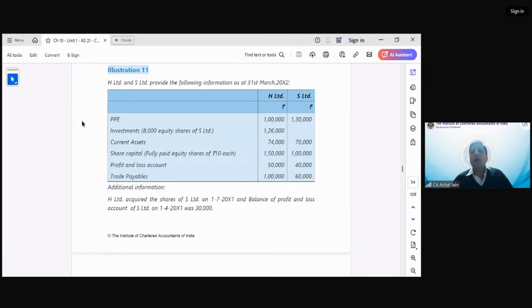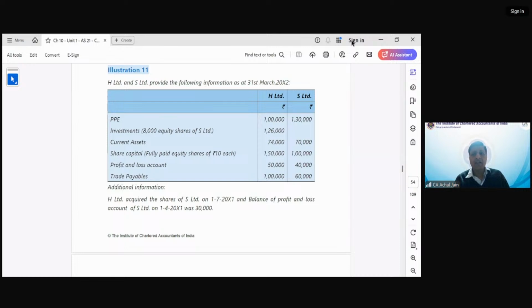So can you tell me how many shares have been issued by S Limited on the basis of the information which is available? 10,000. Very good. So that means 80% of shares of S here again are held by H. Yes or no?